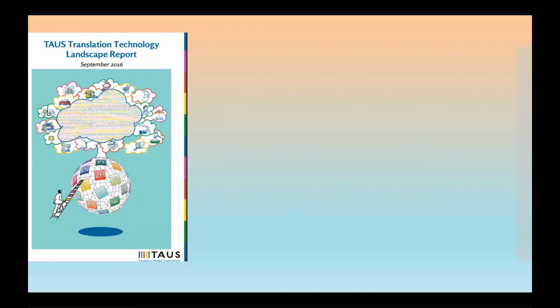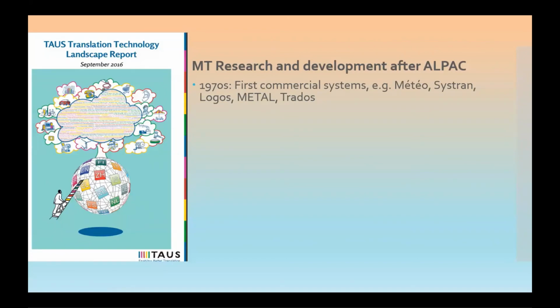This is a report that I've listed in the references at the end. It goes back a few years now, and it was then looking forward to where we would be in the translation technology domain. And the first thing it points out is that machine translation research did not stop in 1966 with the ALPAC report, but machine translation systems became commercially available in the 1970s.